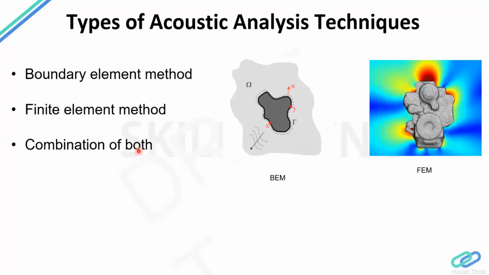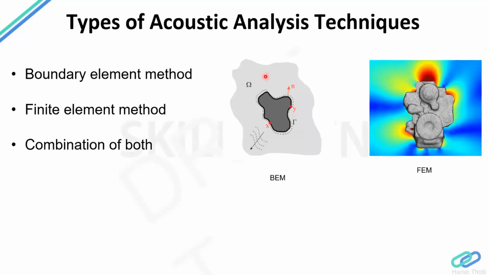Basically, for the acoustic analysis, we have different strategies. We have the boundary element method, the finite element method, and it could also be a combination of both, which a tool called Actran offers. To give you a quick idea, I'm not going into detail today, 45 minutes is too short for that, but what we do is we take our part and create a finite element mesh for both the fluid and solid part, and we build 1D elements here for the infinite space.